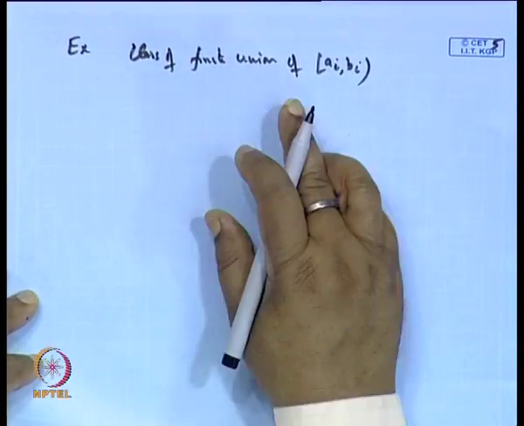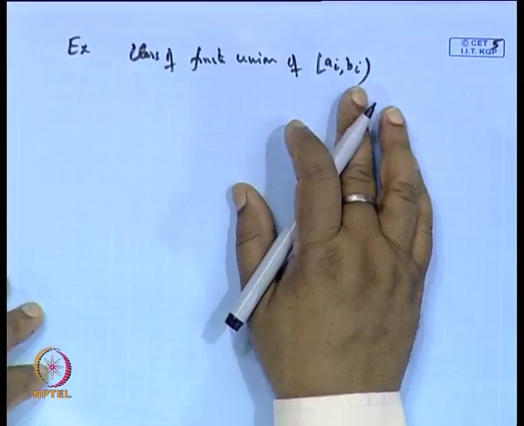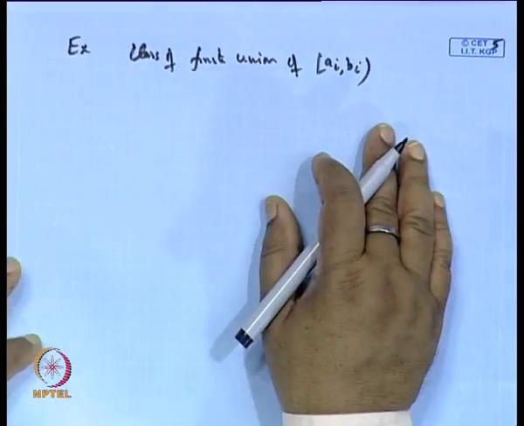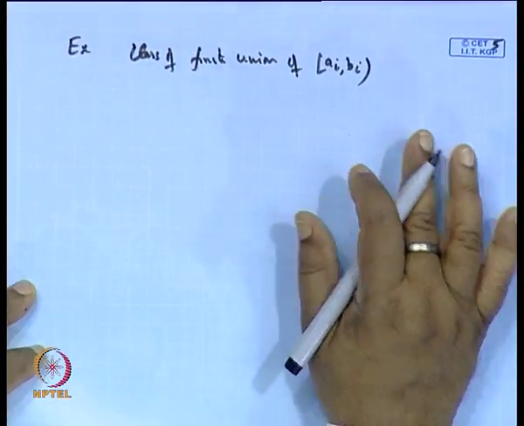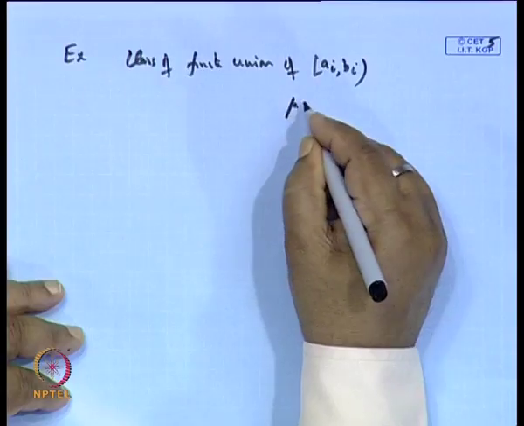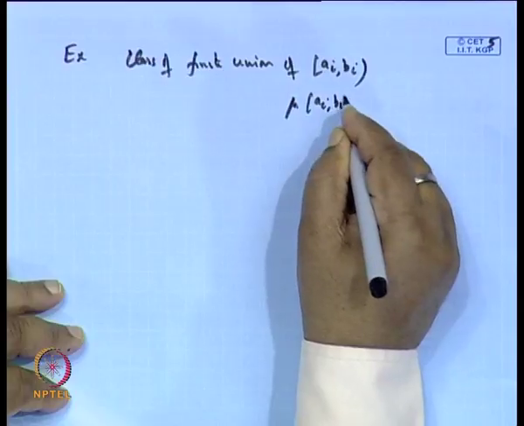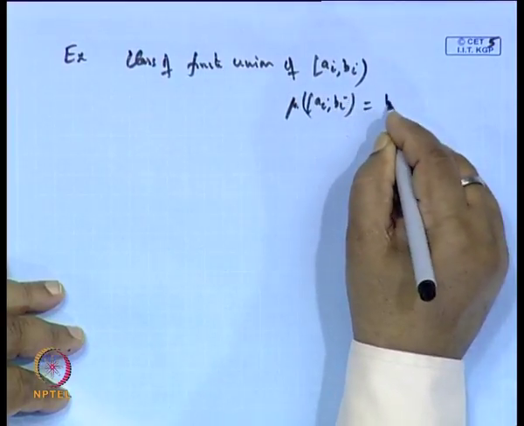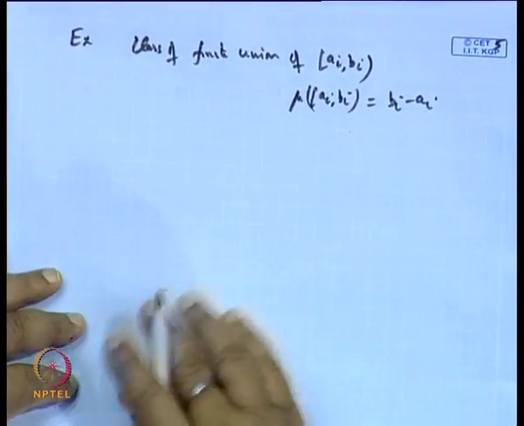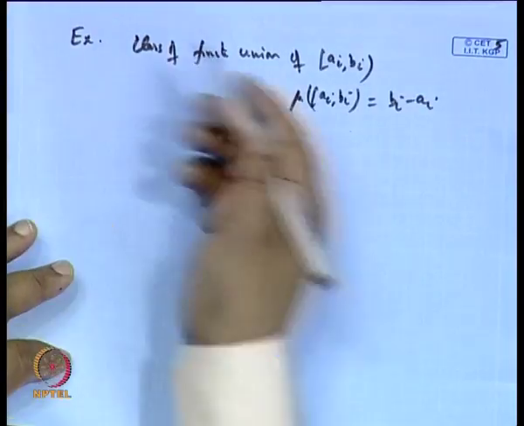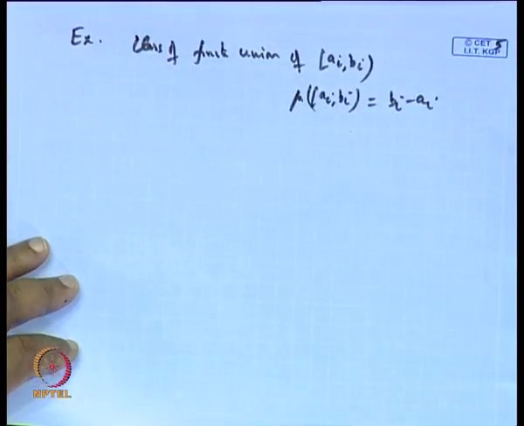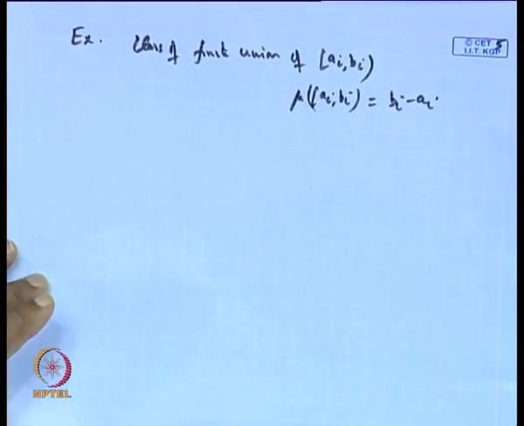If we consider the class of finite unions of [a_i, b_i), then it can be shown that it forms a sigma algebra. All these properties will be satisfied, and of course, mu of [a_i, b_i), that is the measure, we can write as b_i minus a_i. So, this is an example, and it can be shown this forms the Lebesgue measurable sigma algebra of these sets.